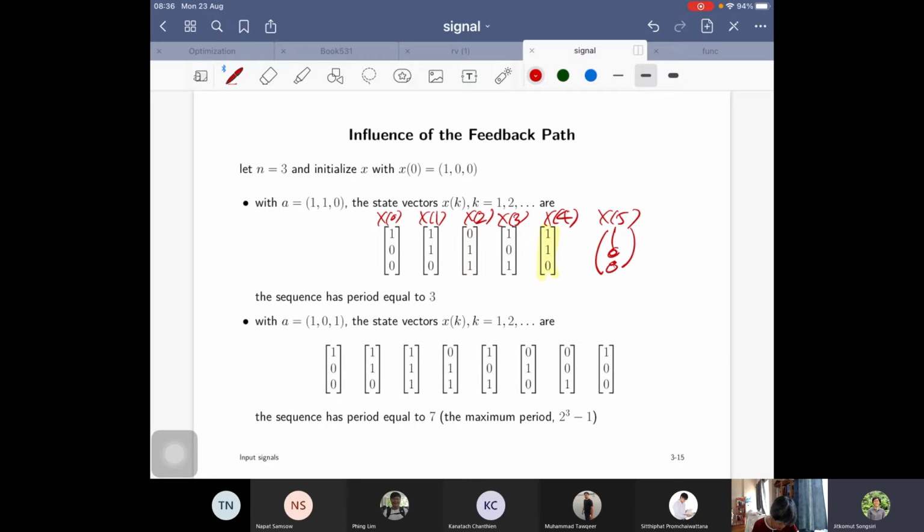If you try to compute at the fifth step, we actually come back to the initial state, which means with this example your state vector has a period of, oh sorry, hold on.